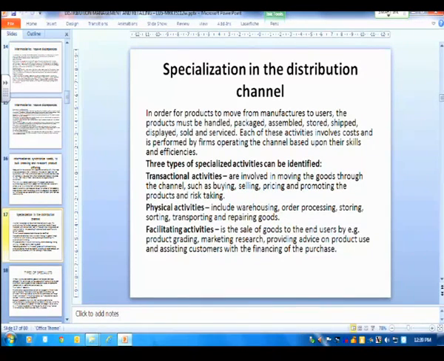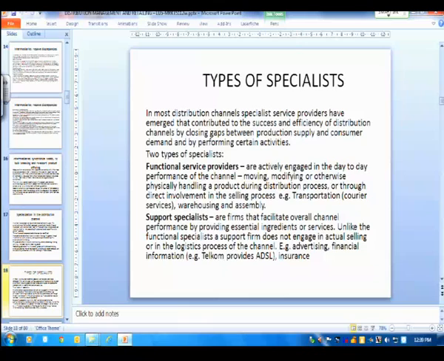The third one is facilitating activities. This is the sale of goods to the end users by, for example, product grading, marketing research, providing advice on product use, and assisting customers with financing of the purchase. Let's now look at the types of specialists.